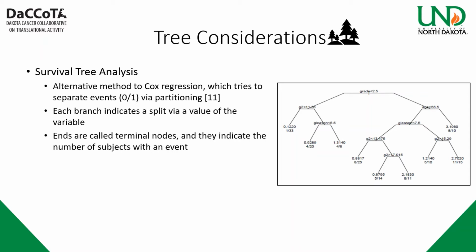And now the ends, these are called terminal nodes, and they indicate the number of subjects with an event. So at this node, there's only one subject with the event, shown here. Whereas over here, 8 of the 10 had an event. So you can partition it out by that.